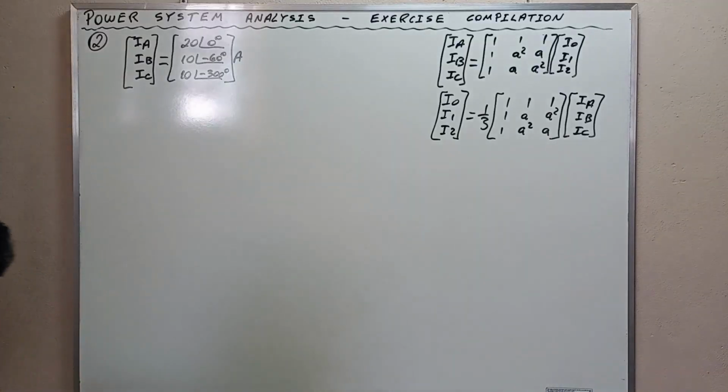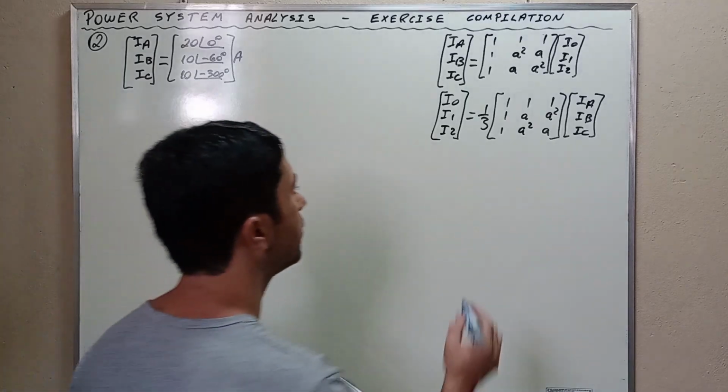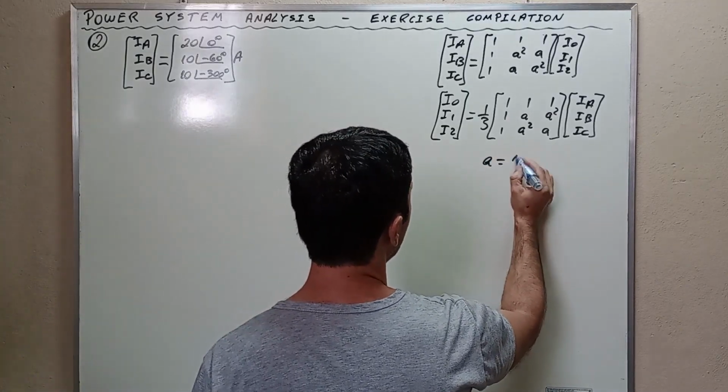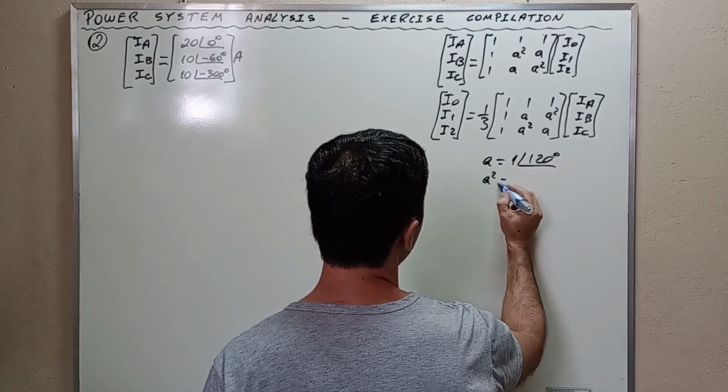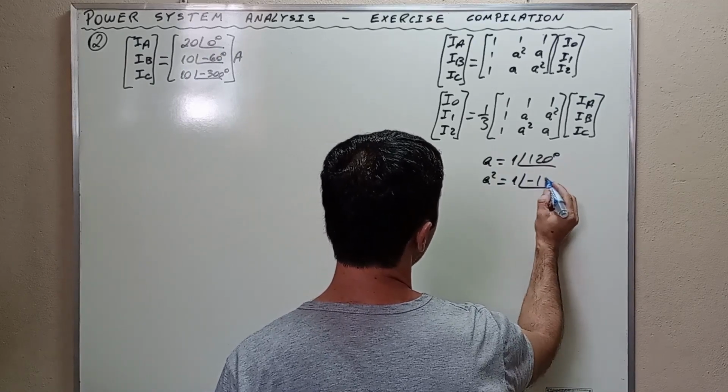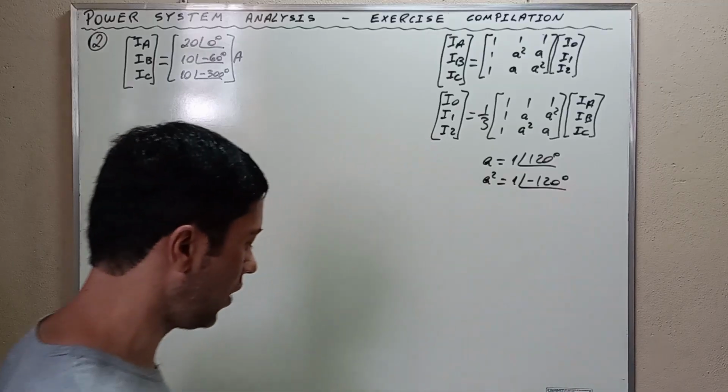Alright, my friends, using the aforementioned information, we will be able to calculate the positive sequence component of phase A. And bear in mind that A is equal to 1 phase 120 degrees and A squared is equal to 1 phase negative 120 degrees.